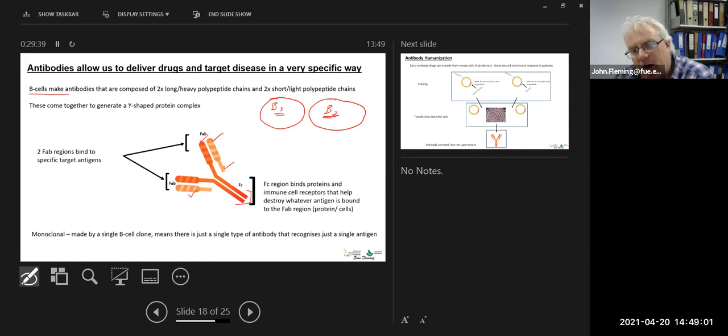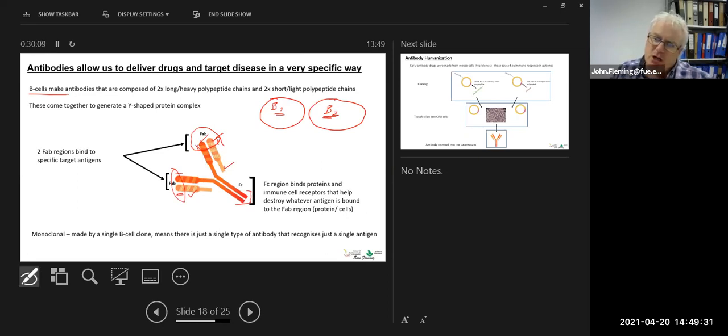So in terms of the antibody, the bit that recognizes the antigen target is up here at the tips of the Ys in what's called the FAB region. So there's about 30 amino acids in the heavy chain and 30 amino acids in the light chain. These come together in order to form the antigen binding site for a particular antibody.